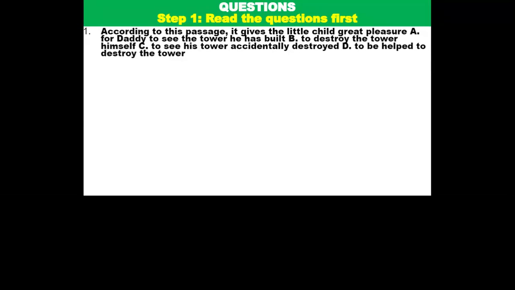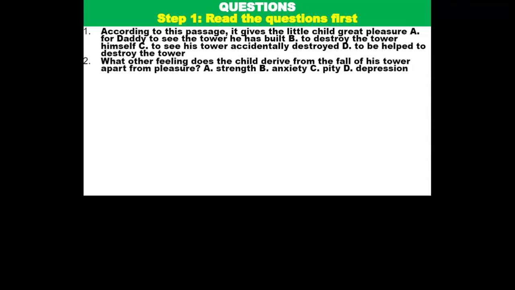C, to see his tower accidentally destroyed. D, to be helped to destroy the tower. Now, as you read the questions first, you already have a lot of information about what the passage is about before even reading it. So you are equipped with what the passage is before reading it, and this makes it quite easier for you.